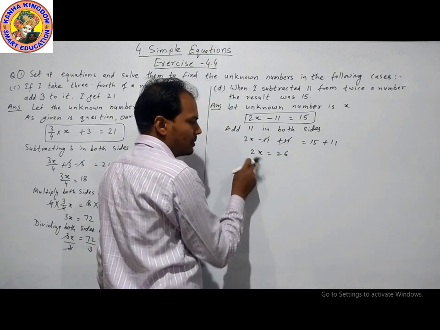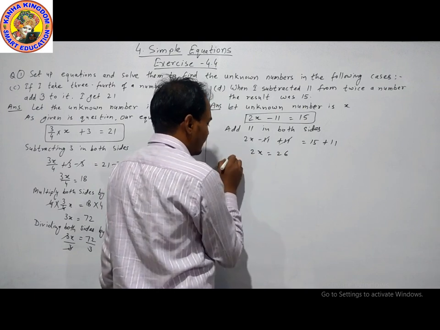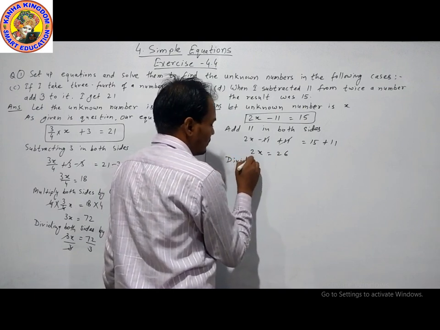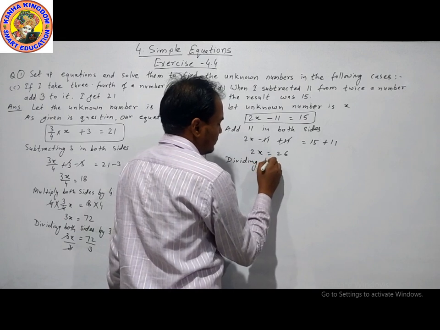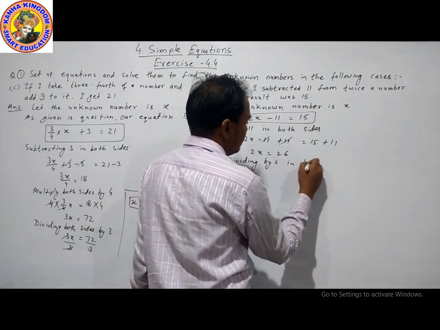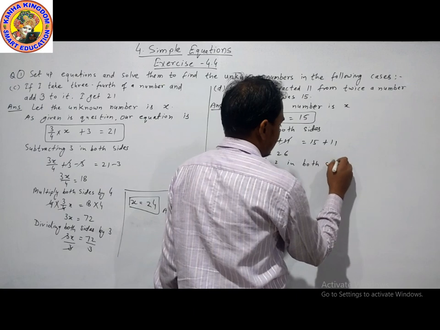Here is multiply by 2, so we will take divide by 2. Dividing by 2 on both sides.